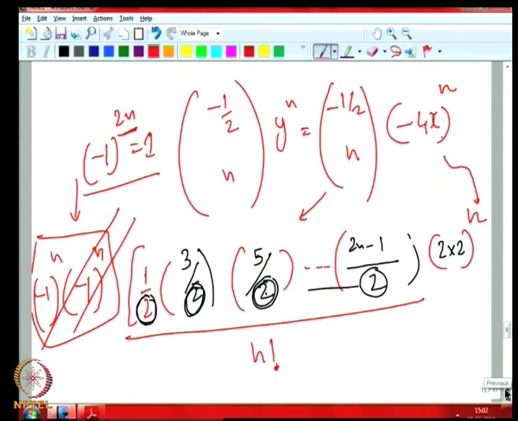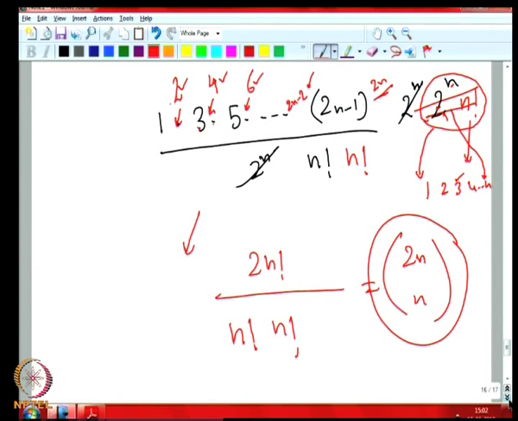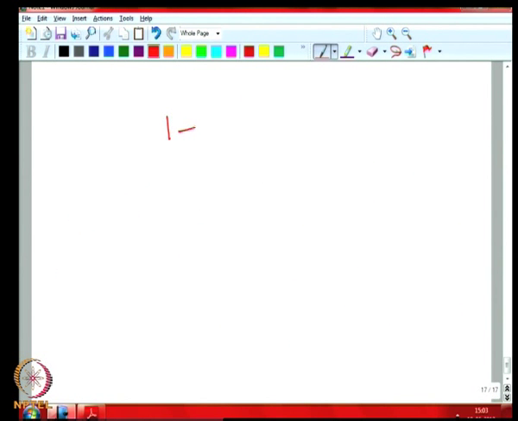So, we see that this minus half choose n into y to the power n, which is equal to minus half choose n into minus 4 x to the power n, will become 2n choose n into x to the power n. Therefore, this thing, 1 minus 4 x to the power minus half, expands to 2n choose n x to the power n, right.